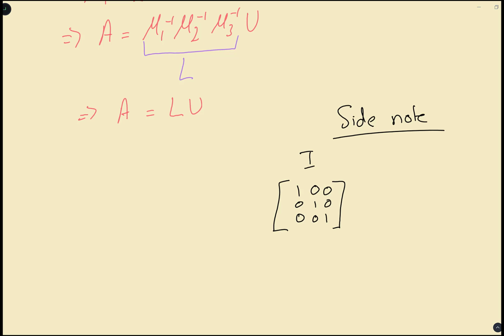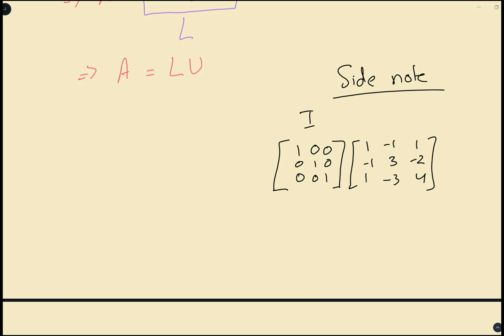And I multiply this with my coefficient matrix, which is 1, -1, 1, -1, 3, and -2, and so on. What we get in this matrix operation, when we're multiplying these two, is we're doing this row multiplied by this column to give us essentially the element in this first box.